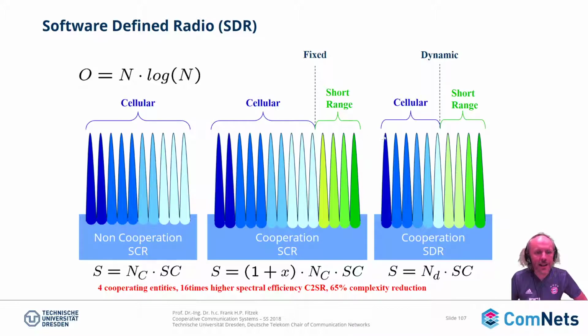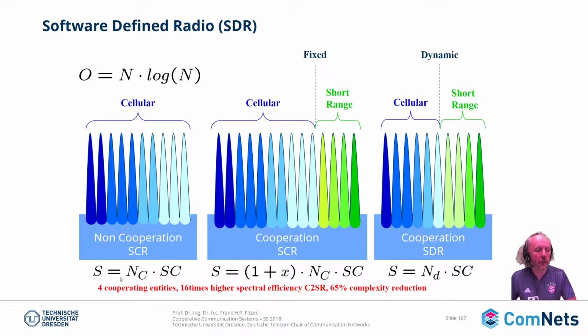But if you could dynamically assign subcarriers for cellular and short-range in a dynamic way, the complexity will be more or less the same. And interesting is now how to shift the number of subcarriers for one or the others.